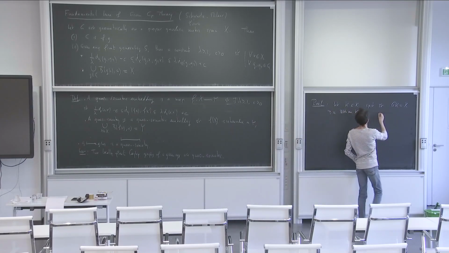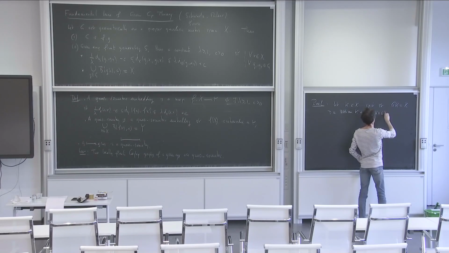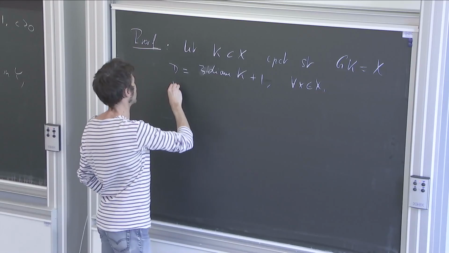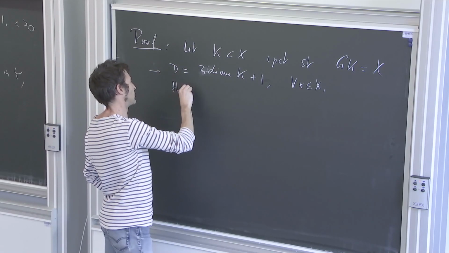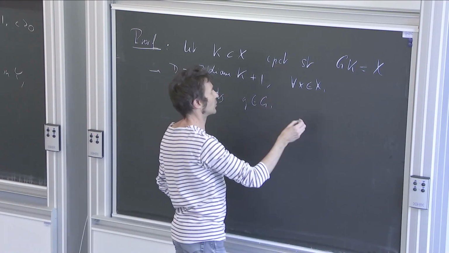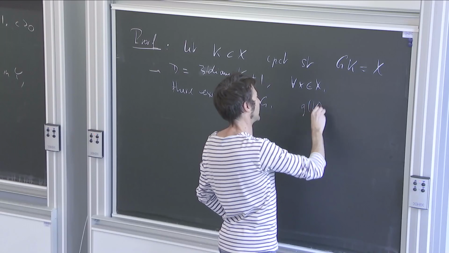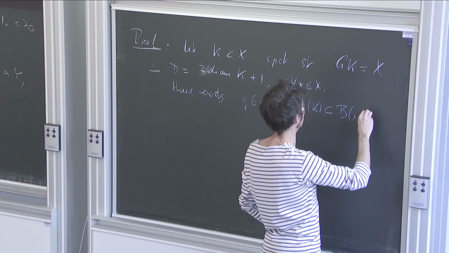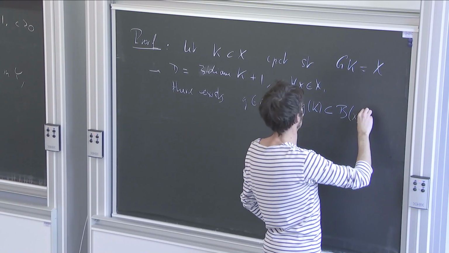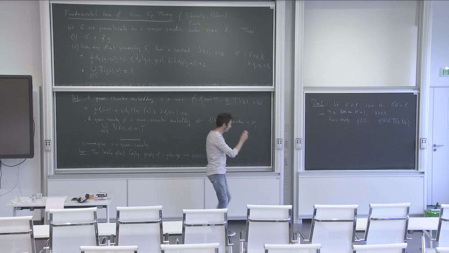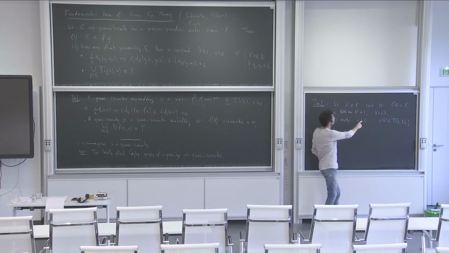So this means that for any X in X, there exists some element G such that G of K is inside the open ball centered at X and of radius D over 3. Okay. So here I use the fact that the action is co-compact to say that.